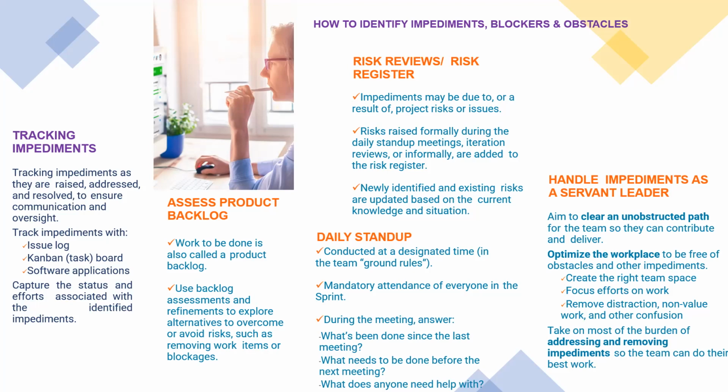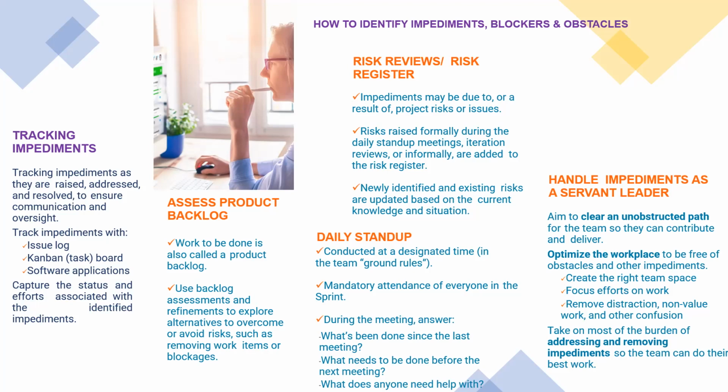Now, the third one is risk reviews. You see, impediments, blockers, and obstacles are literally about the same thing as what? Risk. Things that they could be classed as risk too.